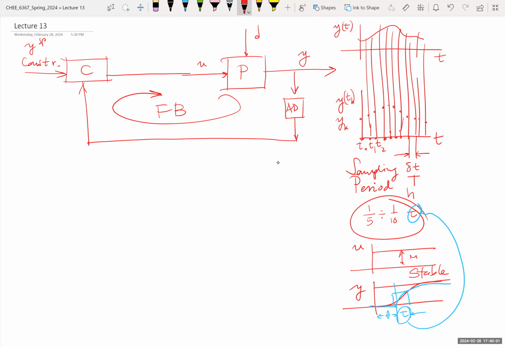The thing is that the connection between the computer, which is the controller, and the process needs a converter, because the computer produces sequences like this. But what actually goes to the process is a signal like that. This is time, this is U of t, this is tk, U at tk, or U sub k.